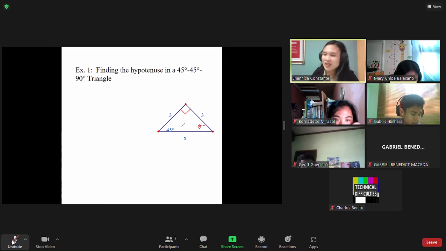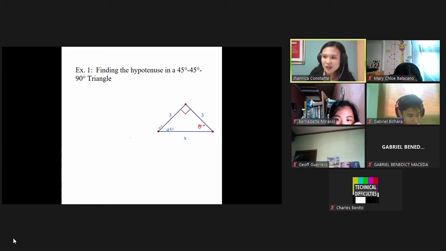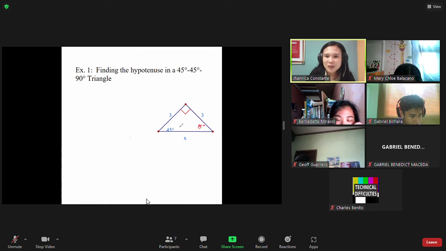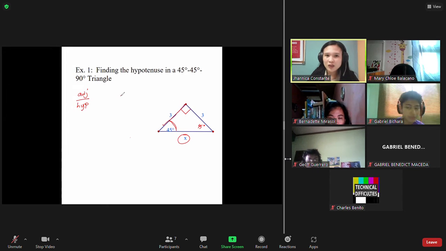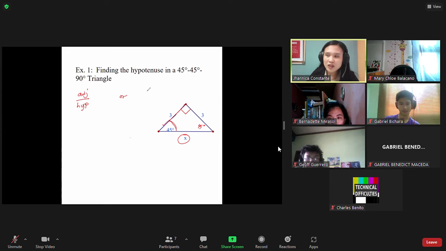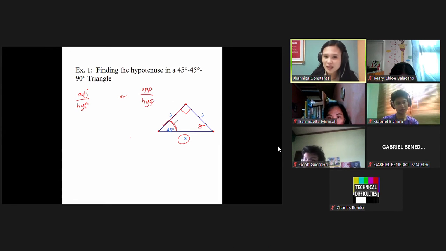From the 30 degrees, it depends on the angle that you're going to use. So for example, if you want to use this angle to find the hypotenuse, what ratio are you going to use? You can use 2 ratios since you have adjacent over hypotenuse, or you can use the other ratio which is opposite over hypotenuse using this angle.